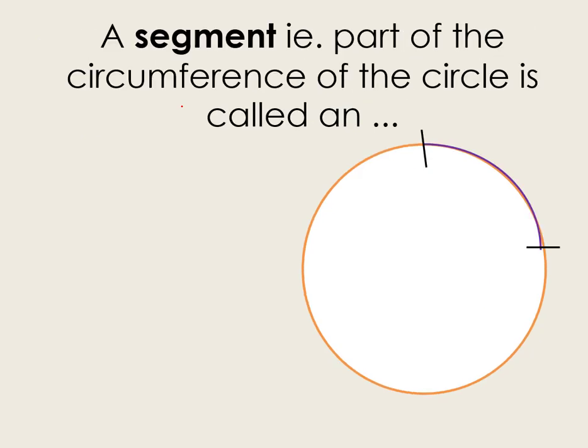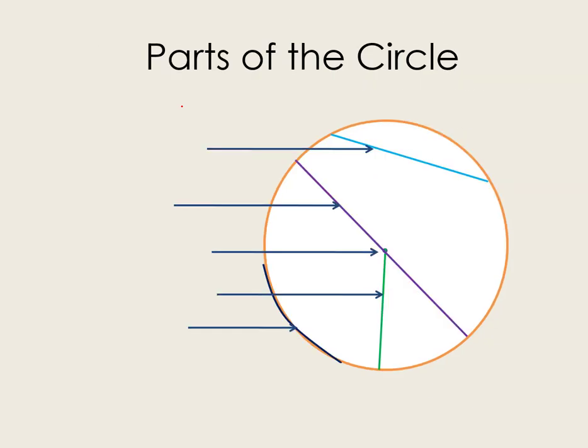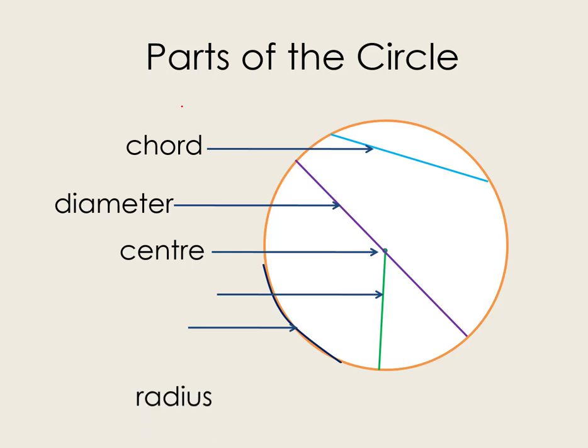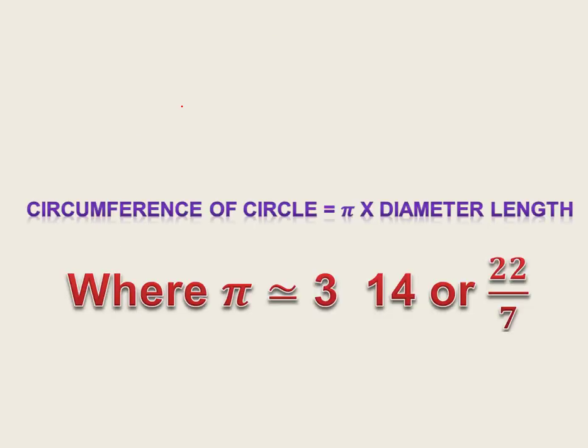Any part of the circumference of the circle is called an arc. So any curved part we take from the circumference of the circle is called an arc of a circle. So again, the parts of the circle: chord, diameter, center, radius, and arc.